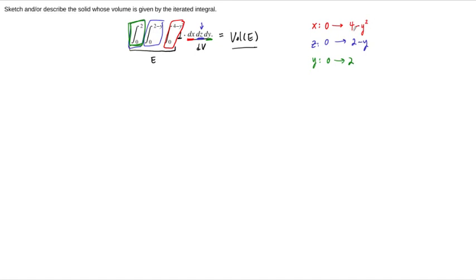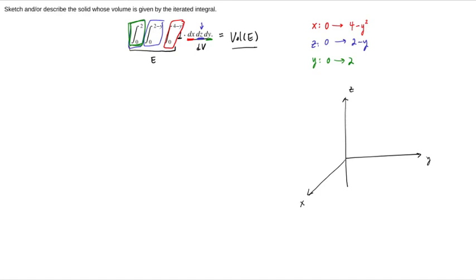Okay, and so let's try to sketch these things. I'll give myself some x, y, z axes, three-dimensional axes here. And we'll try to sketch all these. So x equals 0, that's the yz plane. That's the plane of the screen that we're looking at. And the x-axis is coming out of the screen, remember. But x equals 4 minus y squared, that's a parabola that is going to open in the y direction.